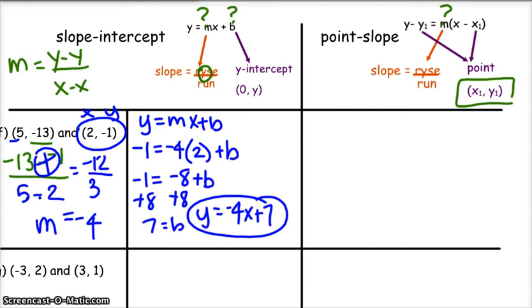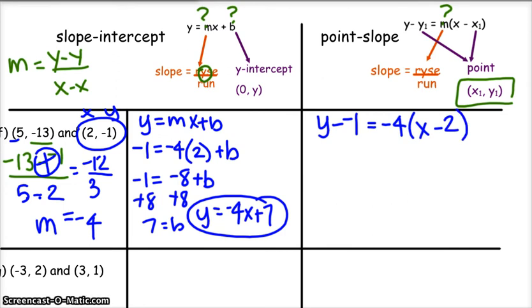Doing the same thing using point slope form, we already calculated the slope. And then pick one of the two points. I'm going to use the same one, 2, -1. Y minus my y value, careful of the double negative, equals my m value times x minus the x value.